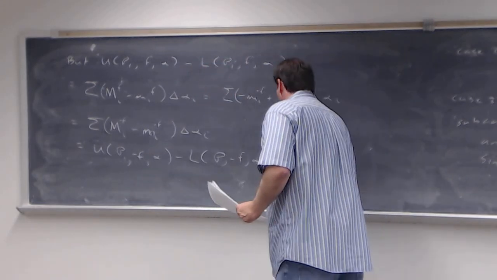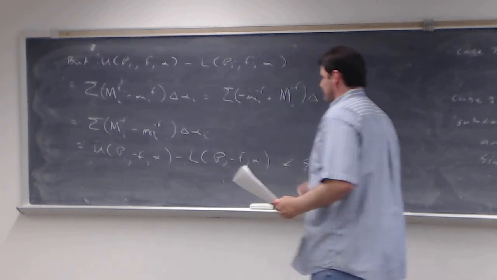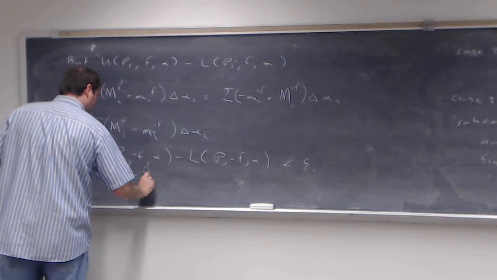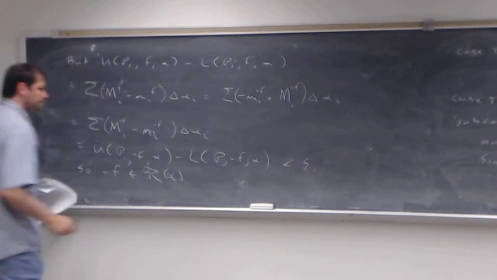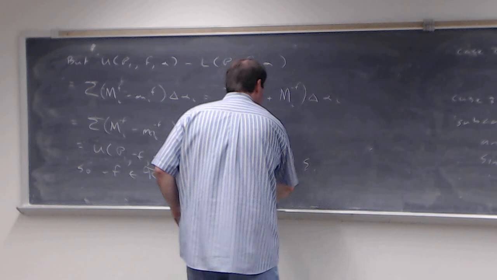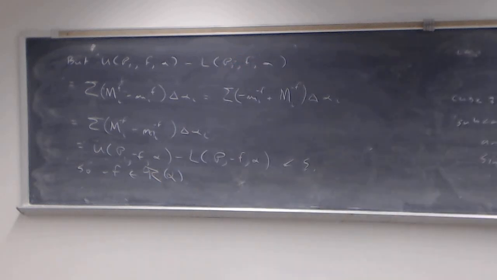And that's going to be less than epsilon because this is less than epsilon. So what that says is that minus f is Riemann-Stieltjes integrable. Almost done.